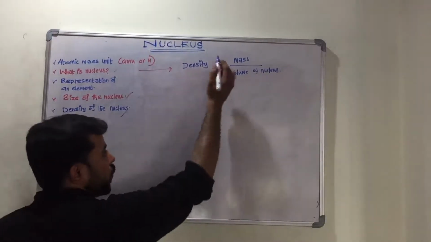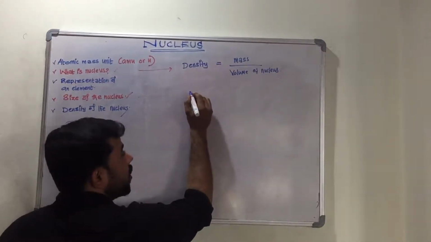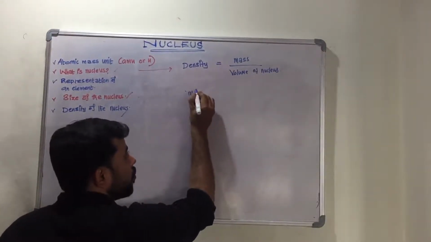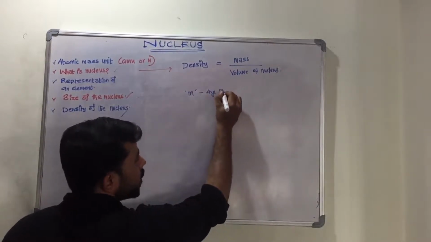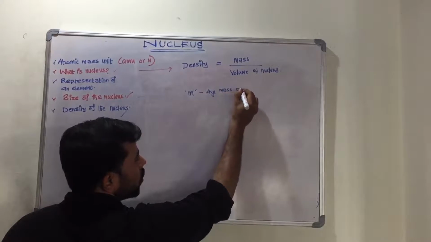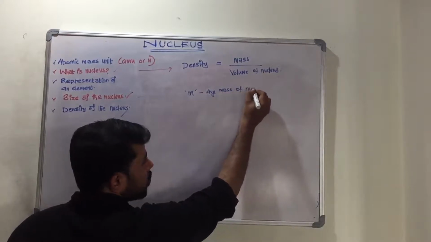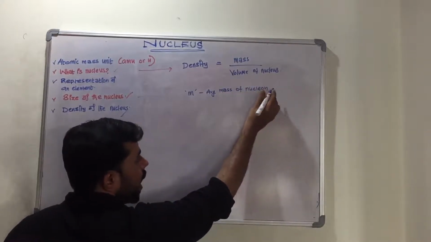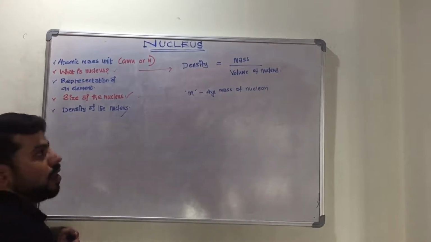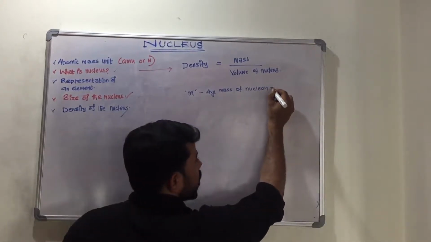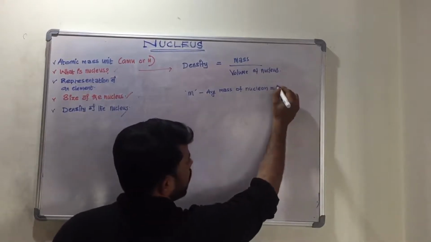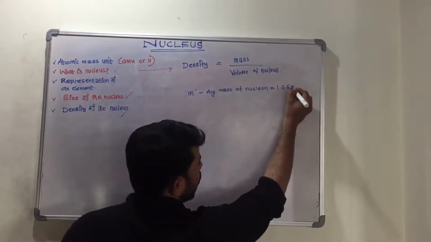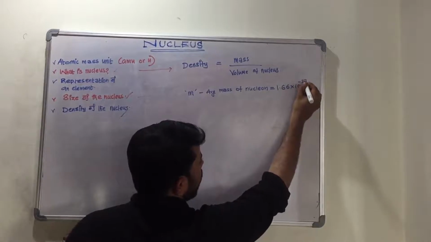To find the mass of the nucleus, consider small m to be the average mass of a nucleon, that is, the average mass of proton and neutron. The individual masses of proton and neutron are different, and the average mass is given by 1.66 into 10 raised to minus 27 kilogram.